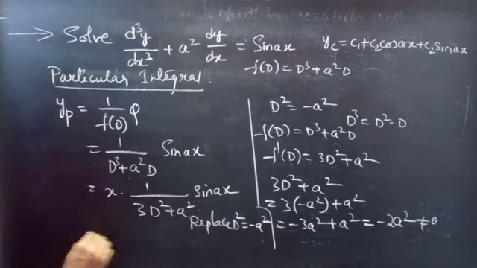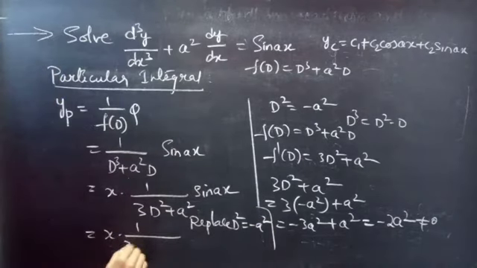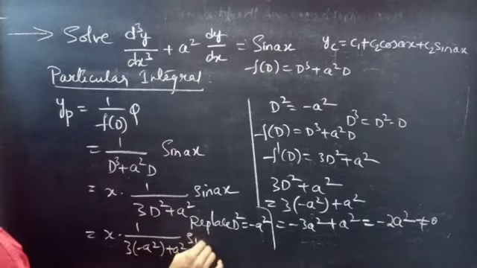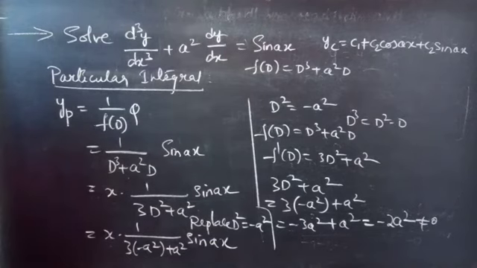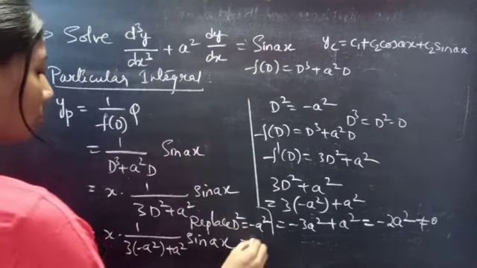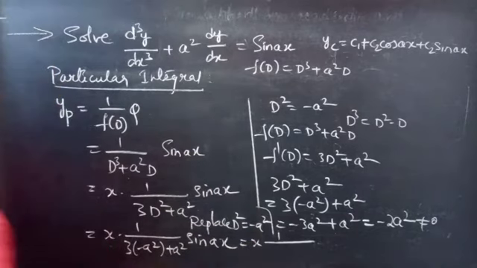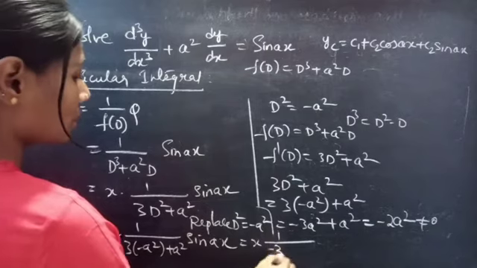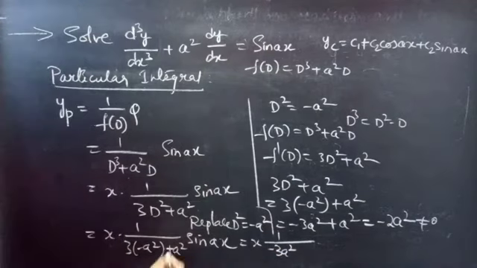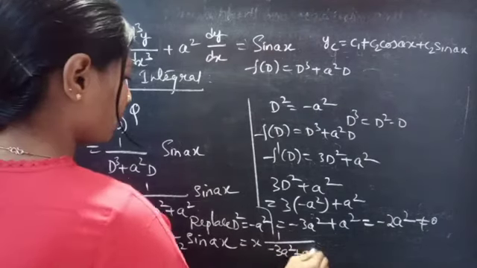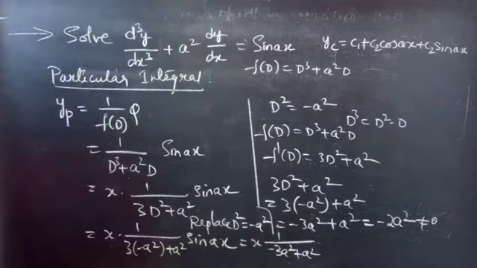Then we get x into 1 by 3 into minus a square plus a square into sine ax, which equals x into 1 by minus 3a square plus a square into sine ax.